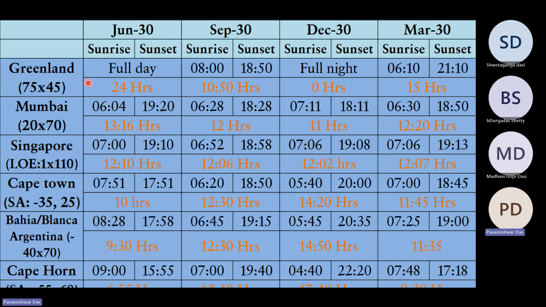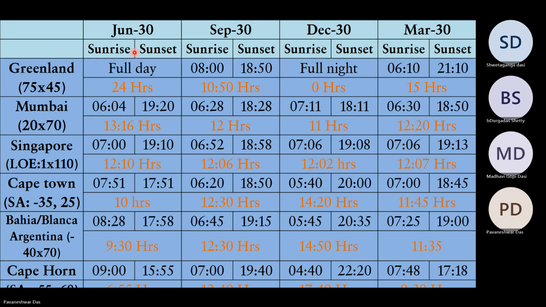So in Greenland, here in June, July, we have a full day, and by the time you go here, October, the daytime becomes 11 hours, nighttime is 13 hours. In January, full night only. In March, 15 hours of daytime.